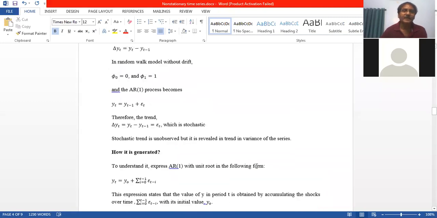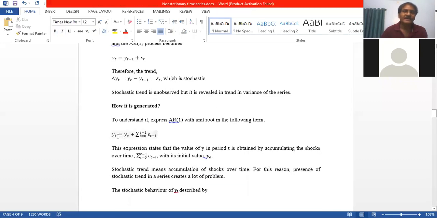In a random walk model, suppose your series looks like this: yt is equal to yt minus 1 plus epsilon t. If you follow the process of iteration, you can look at this series in this form: yt is equal to y naught plus sum of epsilon t minus i.